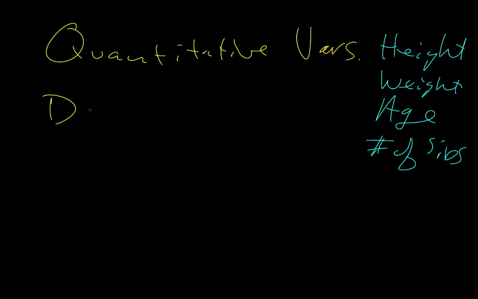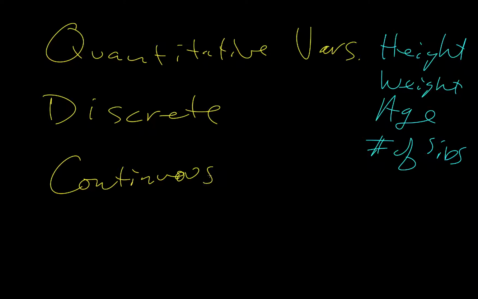Now, there's different types. So discrete and continuous. A discrete quantitative variable, or just discrete variable, takes exact number values. It is usually a result of counting.